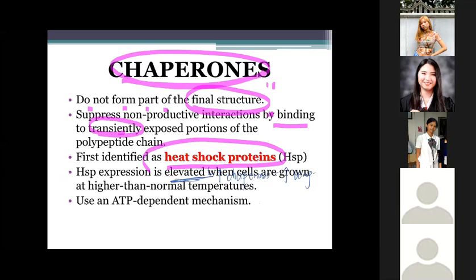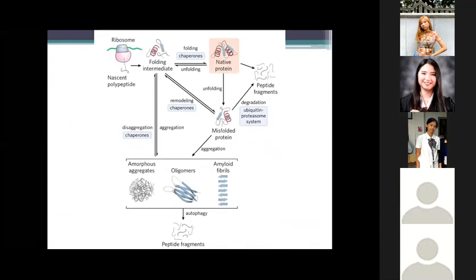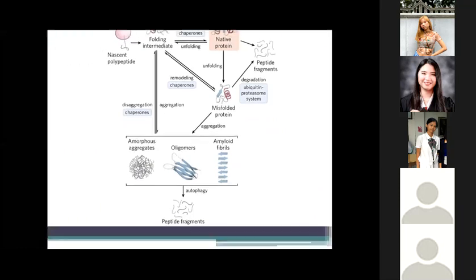And they act through ATP-dependent mechanism. So, na-discuss natin yung figure na to kanina. You can see here, apparently, that there are chaperones that act in almost every step of the way. Because ang ultimate goal ng chaperone, ulitin natin, the bottom line is to prevent aggregation or misfolding of proteins.